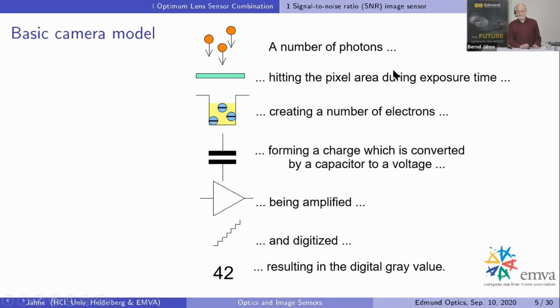So you can already see it's integrated over the exposure time. Then the photons are converted into charge units and are collected. This forms something like a capacitor, and the voltage of the capacitor is proportional to the number of charge units. This is amplified, digitized, and finally you end up with a digital value in your camera.